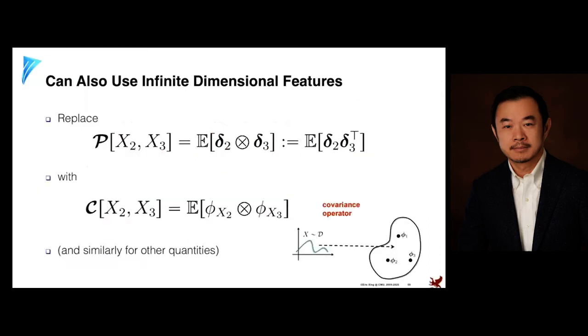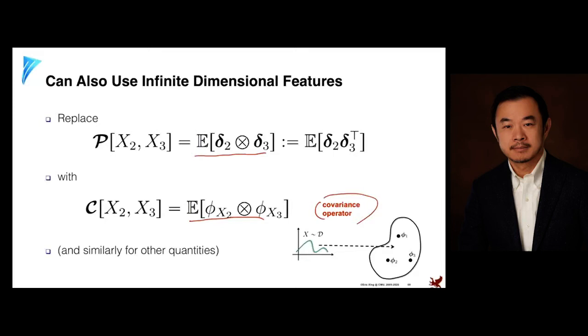And then the operator can now alternatively be defined as a covariance operator. You literally just compute the covariance, the outer product of these two feature vectors.